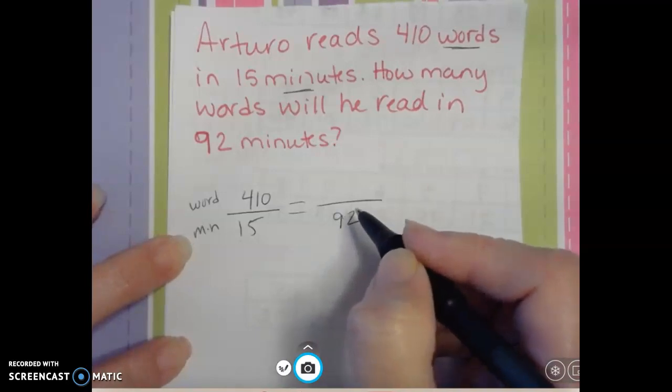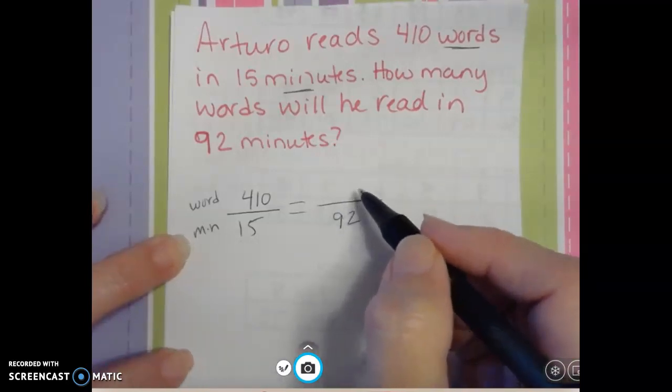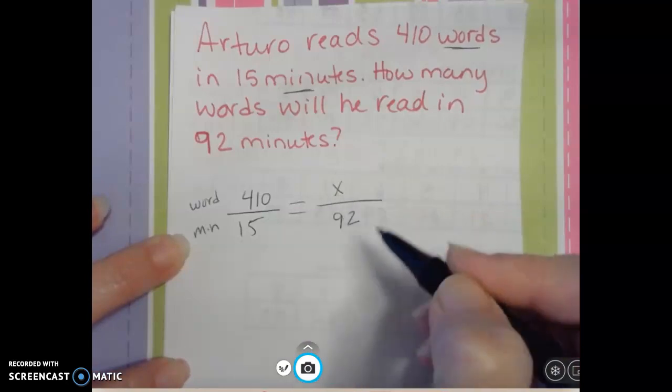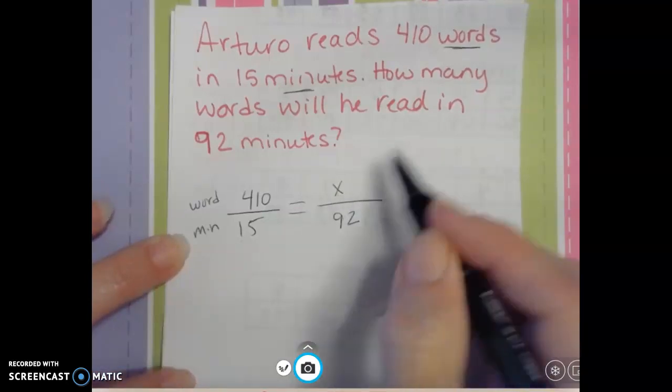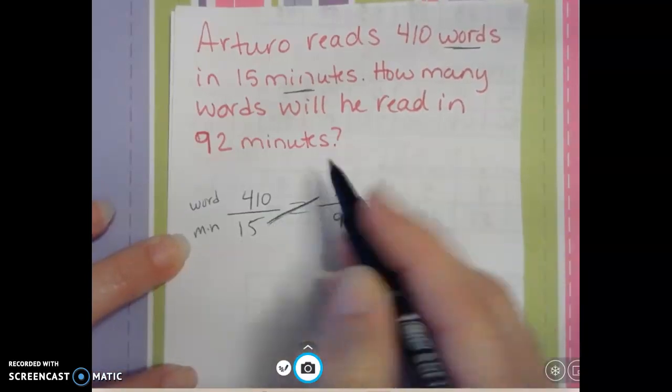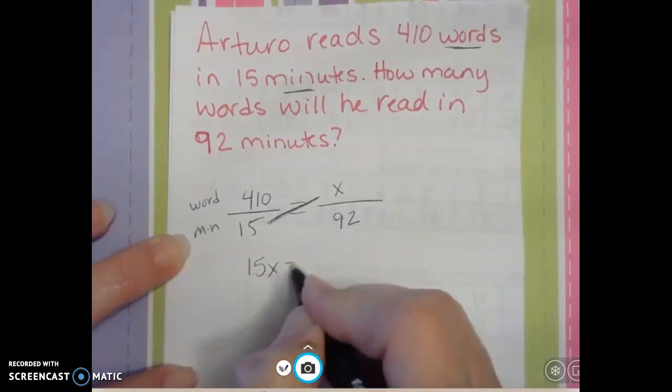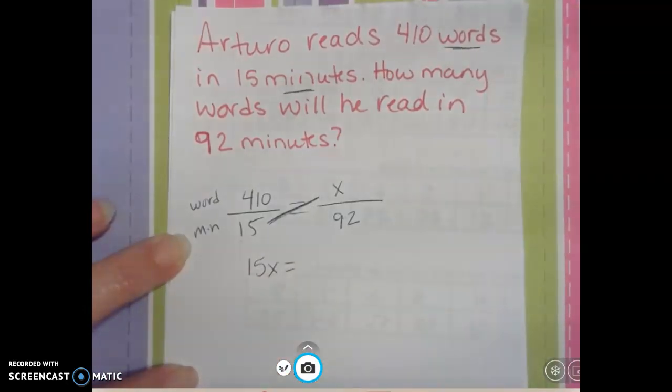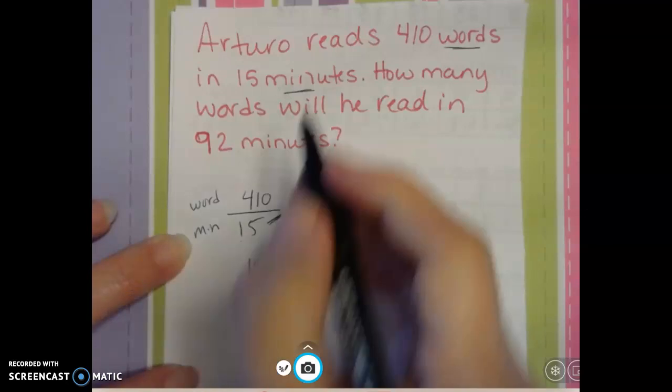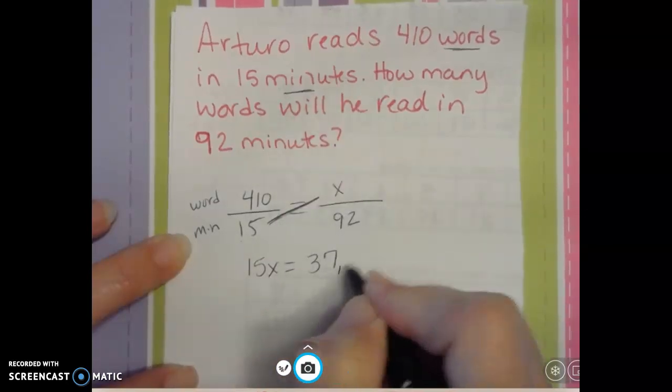So this is kind of like a puzzle. So we put all the pieces in the right place, and then the piece that's left is our x. I'm going to go to my variable first. So I've got 15x equals, and I'm going to punch in 410 times 92, 37,720.